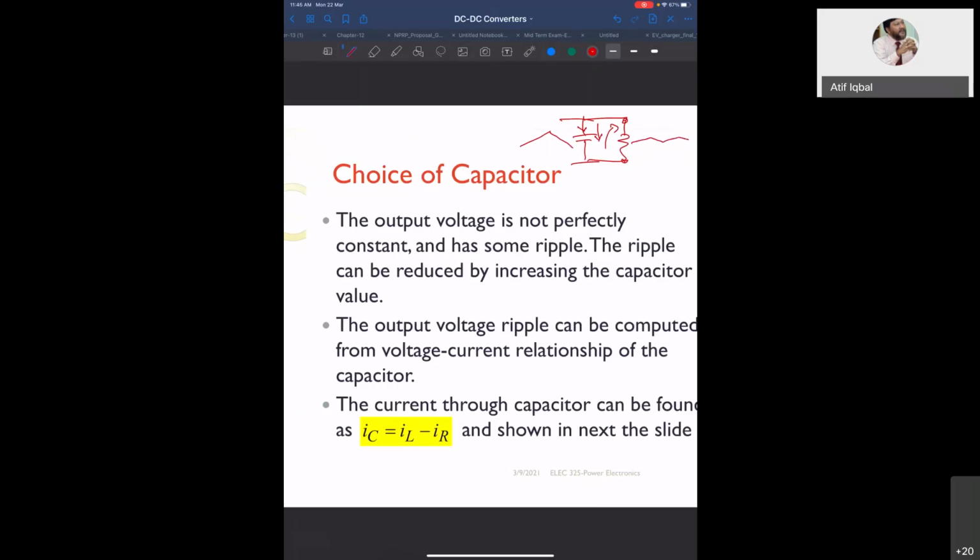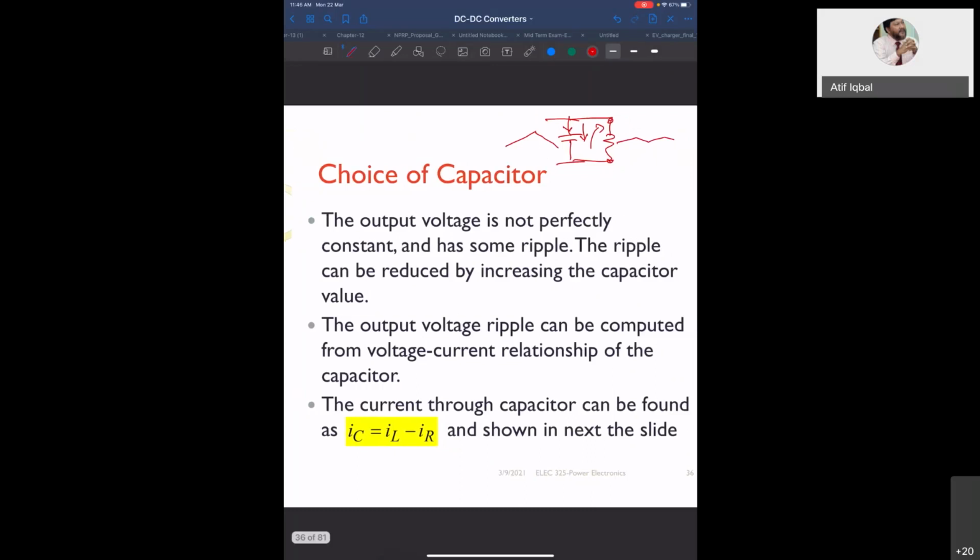The output voltage ripple you can calculate from the voltage current relationship of the capacitor. So what is the amount of charge that it takes in, and what is the amount of charge that it pumps back.